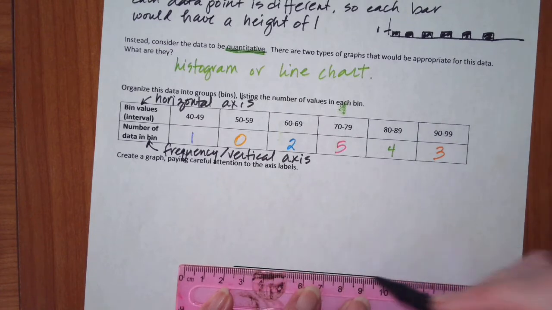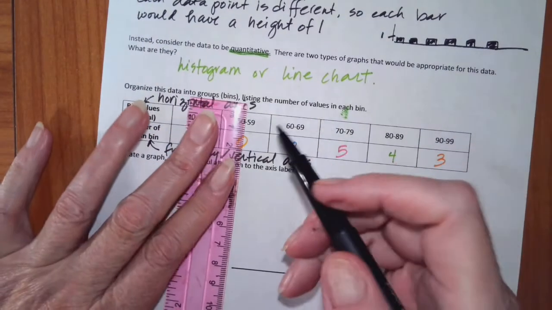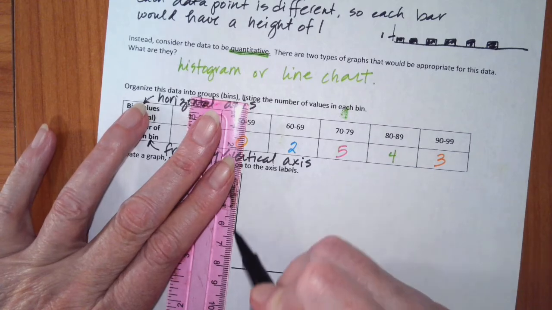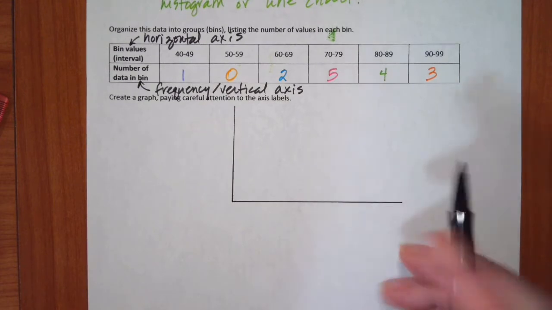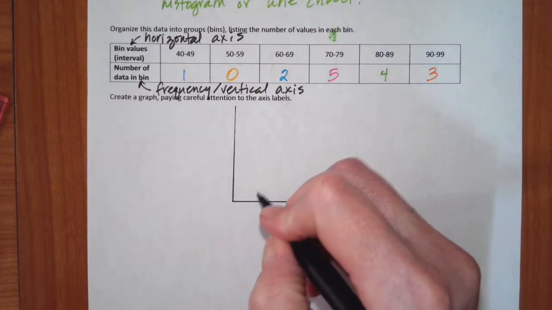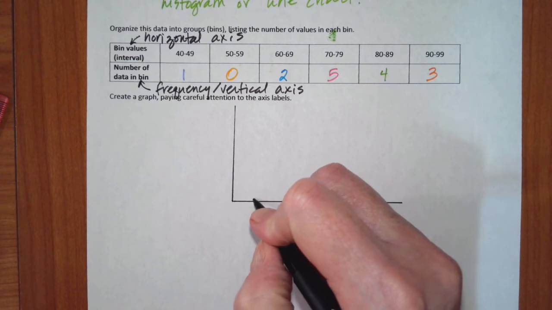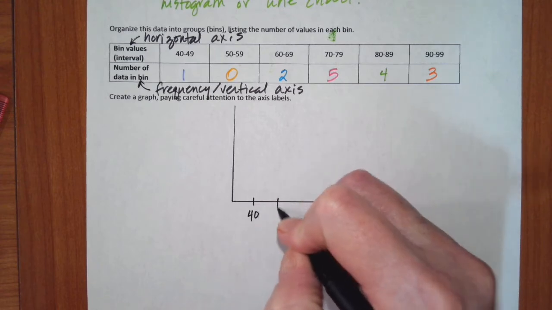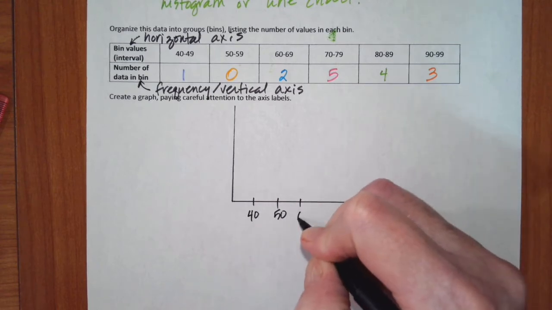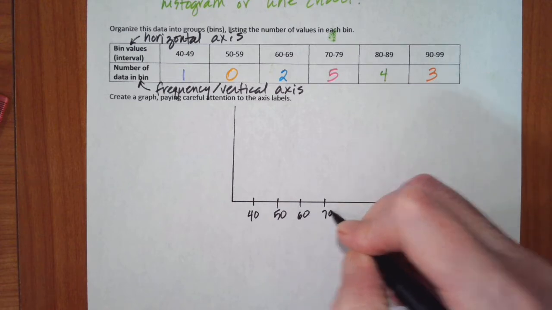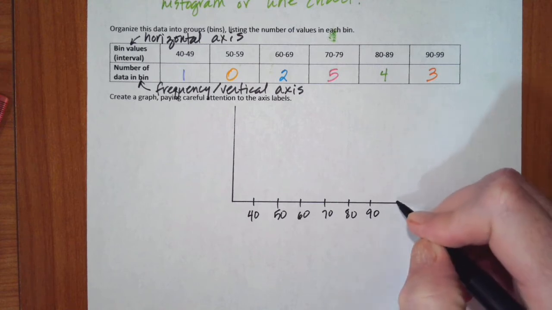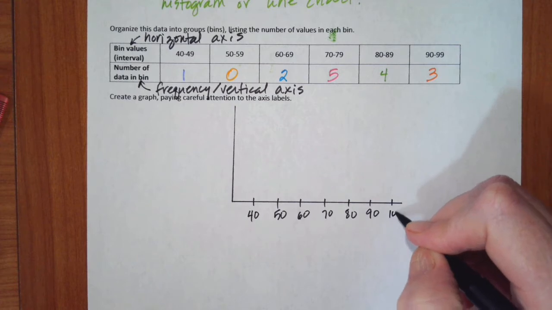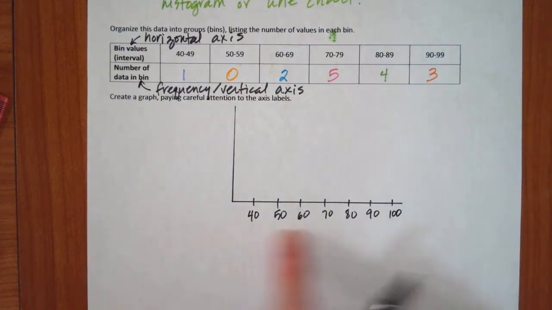Okay, so my horizontal axis and my vertical axis. Okay. Now I am going to have to scale both my horizontal and my vertical. So my lowest grade is in the 40 to 49, so I'm going to start out at 40, go to 50, go to 60, go to 70, go to 80, go to 90, and end at 100. Okay, those are all roughly the same width.